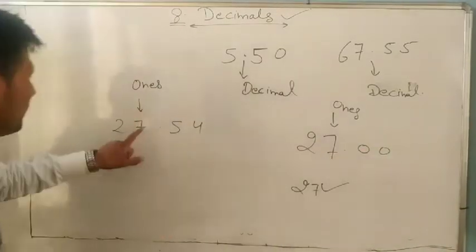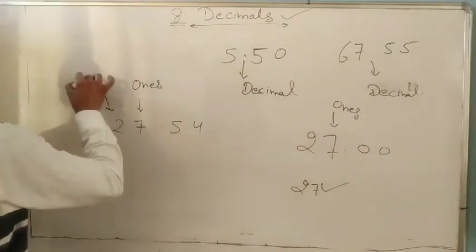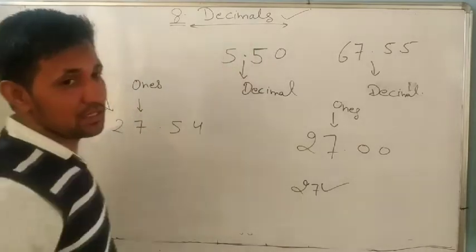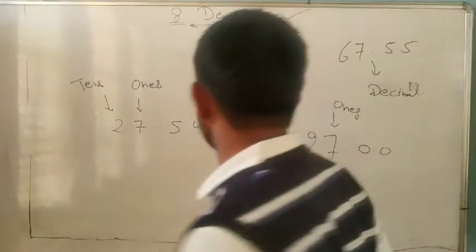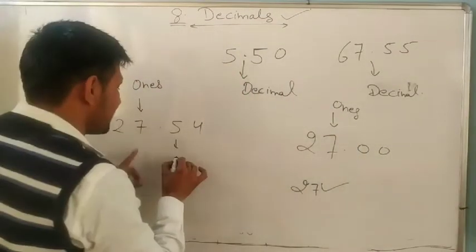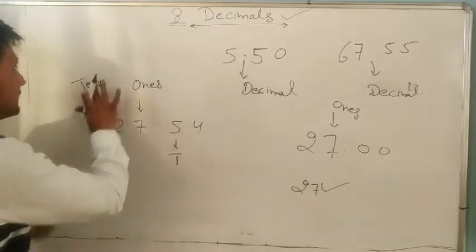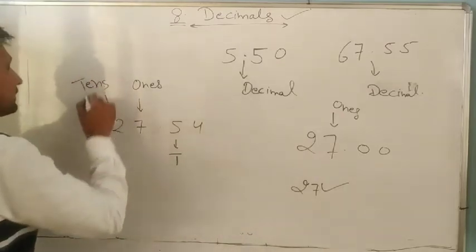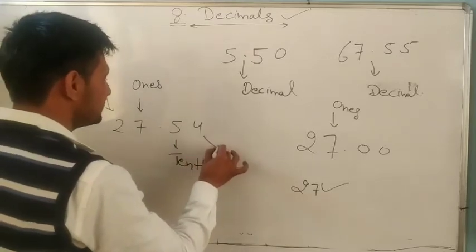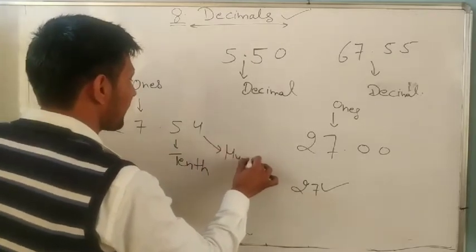So the ones value is 7 and the tens value is 2. And after the decimal, what do we say? Always remember it is ones. After ones, don't say tens, say tenth, and then hundredth.